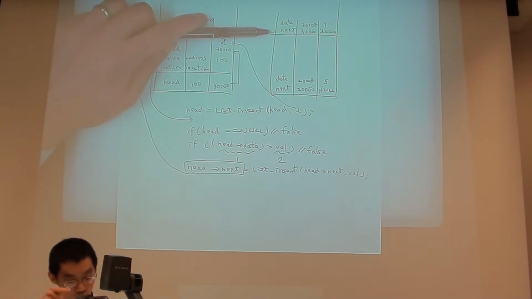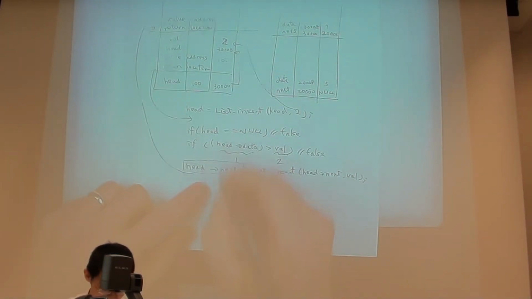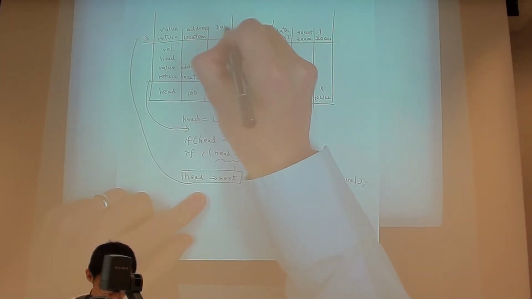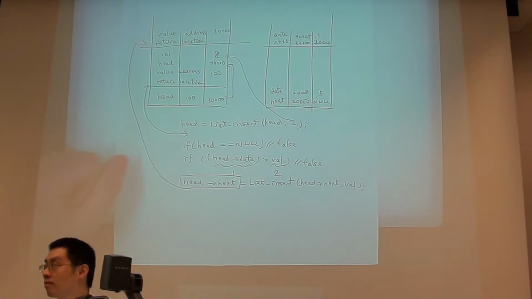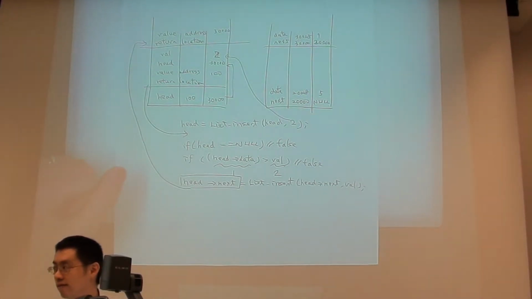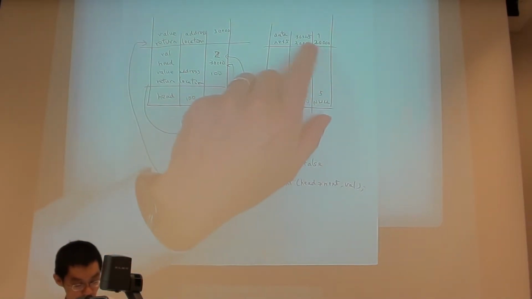The address of this thing, yes, I'm pointing to now. 30,000. So the address here is going to be 30,000. You agree?